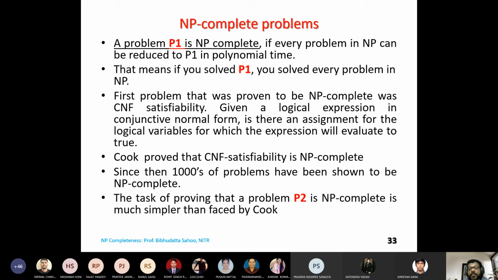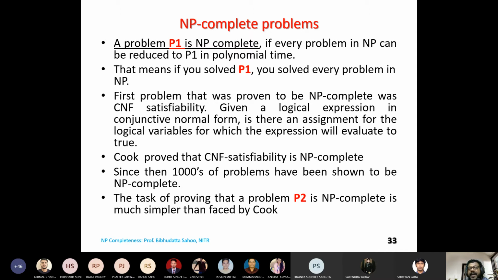Now, to prove a problem to be NP complete, we have to prove it with reference to another problem which is proved to be NP complete. Okay. We have to prove that. So that is one method for proving a problem to be NP complete. That means if I am looking into the rest of the space other than P or P complement, we pick up every problem and try to prove them NP complete.